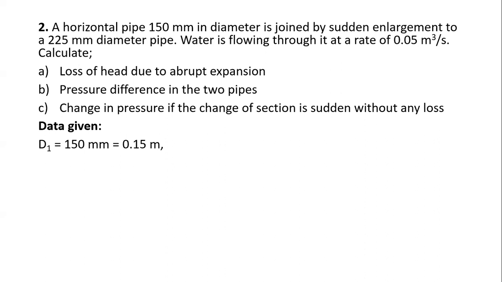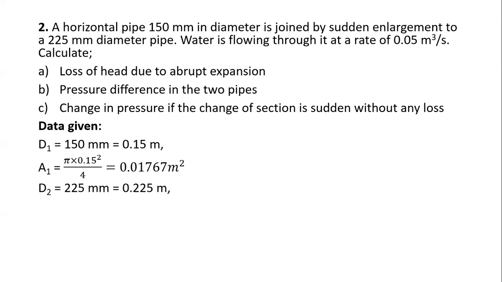Okay. Diameter 1 is 0.15 because it's 150 millimeters. Meaning area 1 by d squared over 4 is 0.01767. Then diameter 2 is 0.225 meters, meaning that the area coming from there is 0.03976.